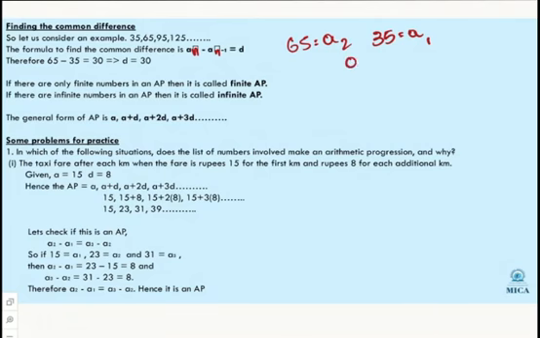So A2 minus A1 is equal to 65 minus 35, which is equal to 30. Hence 30 is the common difference.